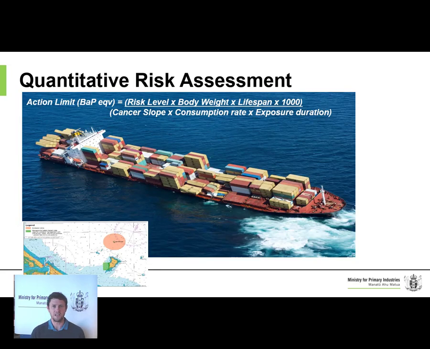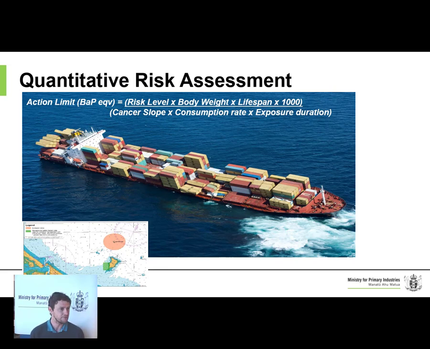And a really good example we have here, we had a container ship partly capsized off the Bay of Plenty coast in New Zealand, and a quantitative risk assessment was undertaken to look at the likelihood of particular contaminants from the ship entering the waterways or entering the ocean and possibly impacting sea life.